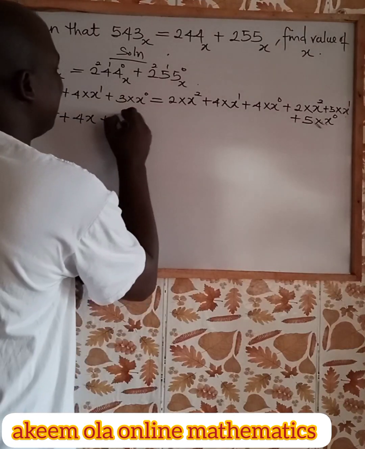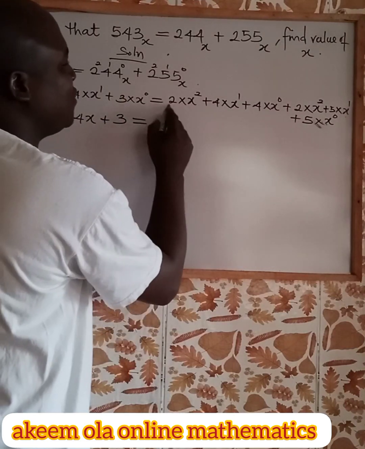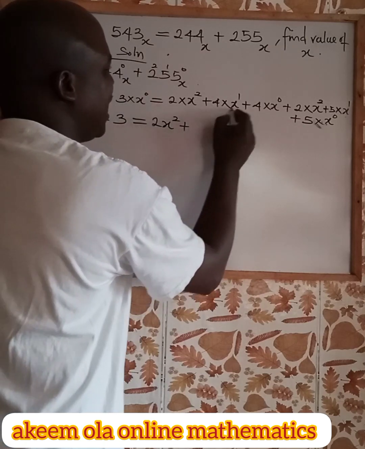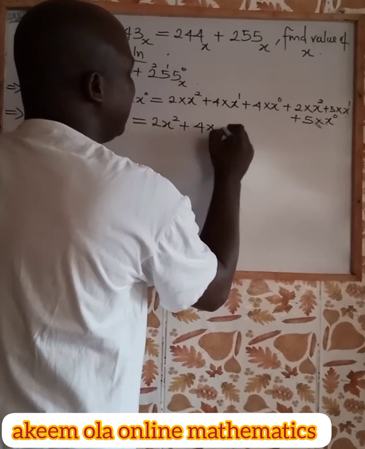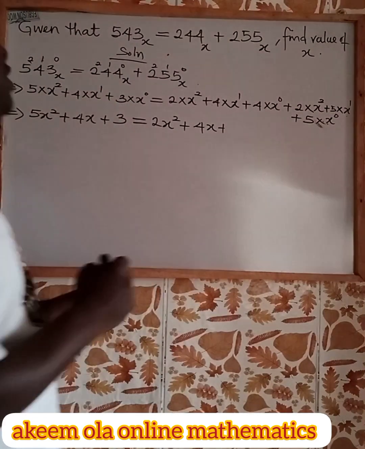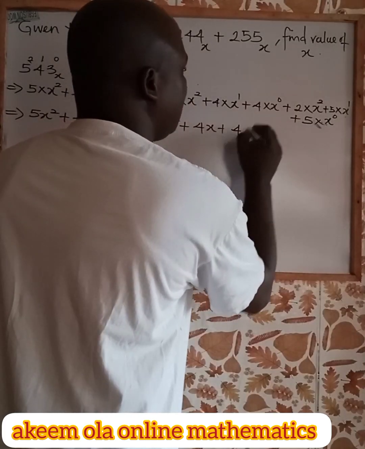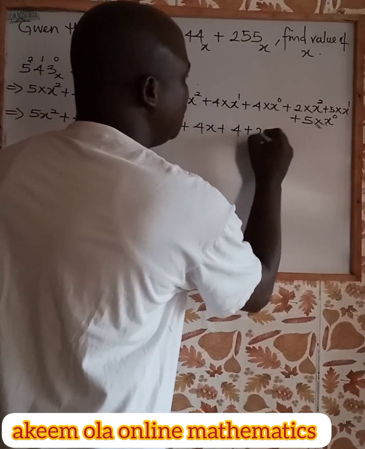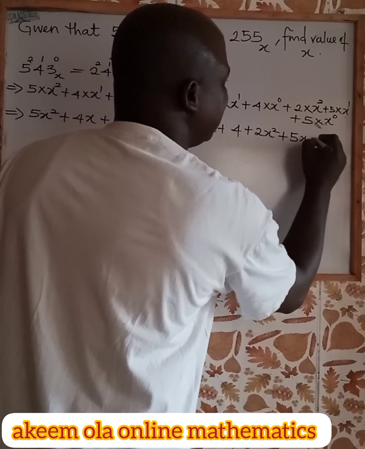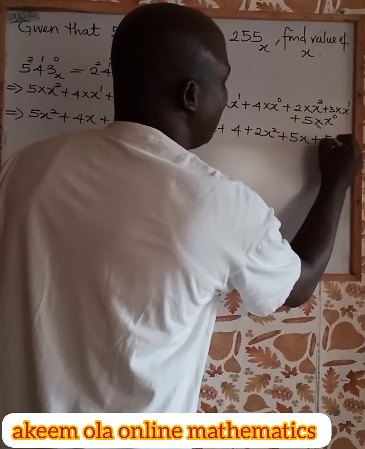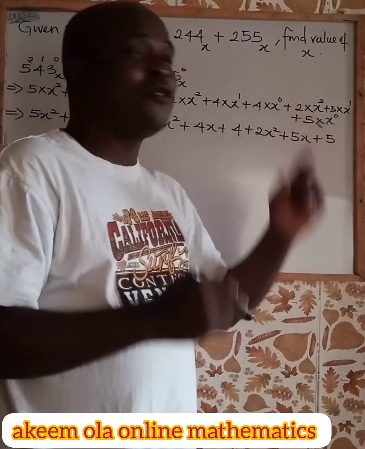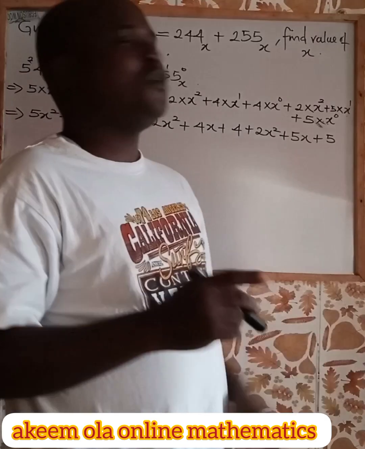This is now equal to 2 times x squared, which gives 2x squared, plus 4 times x gives 4x, then x raised to power 0 is 1, 4 times 1 will still give us 4, then plus 2x squared plus 5x, then plus 5, because x raised to power 0 is 1, times 5 gives us 5.